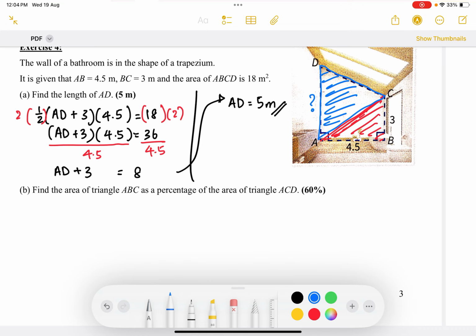Definitely we'll use half times base times perpendicular height. Now, is there a relationship between these two triangles? You should notice that they share the same perpendicular height AB. So if AB is the perpendicular height, then we want to use the base to be AD as well as BC. Or since we already know AD is 5, you can just use any way you like, as long as it's mathematically correct, to find the area of both triangles, put it in percentage. So do this now.